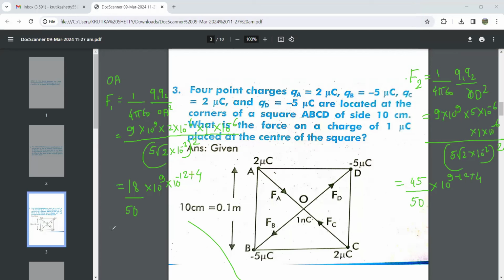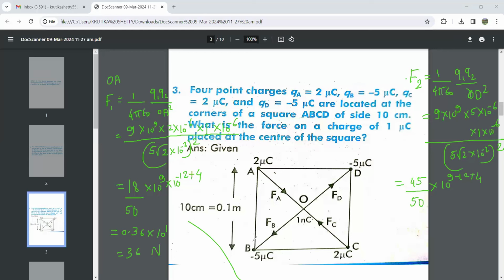That is 0.36 into 10 raised to minus 12, 9, 4, 13, 13 minus 12, that is plus 1. That is nothing but 36 Newton. Yes, correct. Others are getting the value? Check whether it is correct or not.